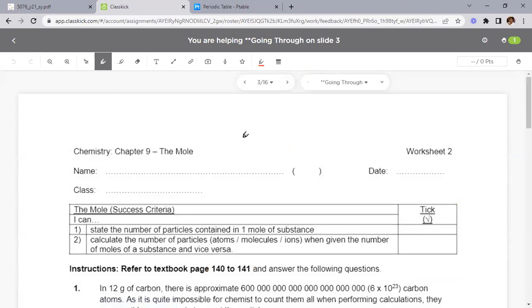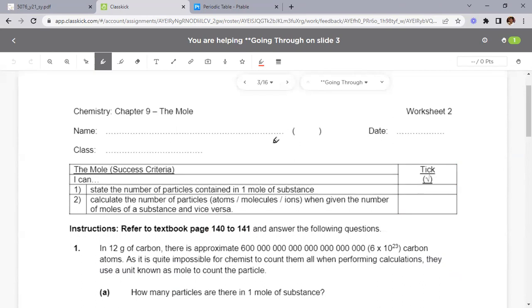In the next worksheet, worksheet 2, I'm just going to cover 2 parts. I think it's quite a simple one. We're going to go on to the concept of what a mole is. We're going to state the number of particles contained in 1 mole of a substance. We're going to be able to understand what 1 mole is through this worksheet.